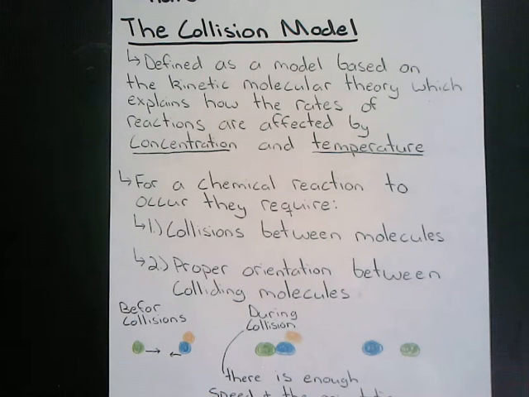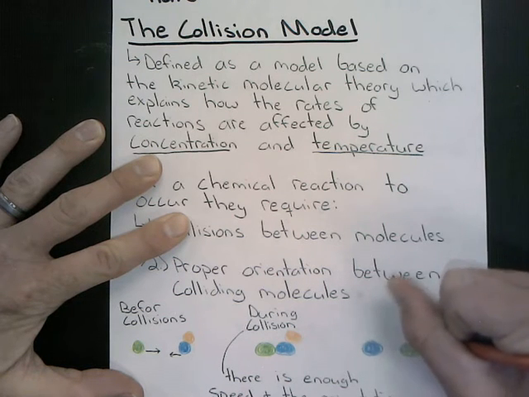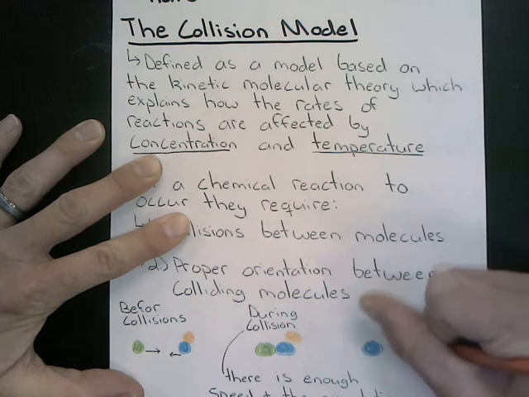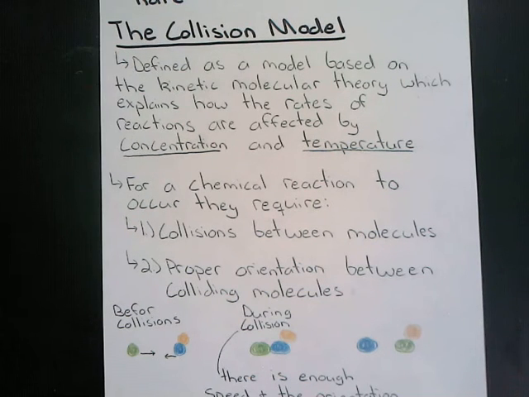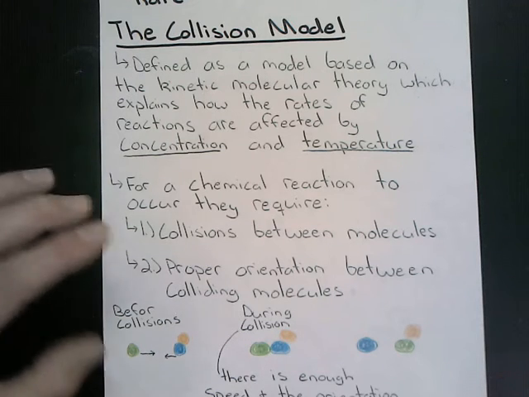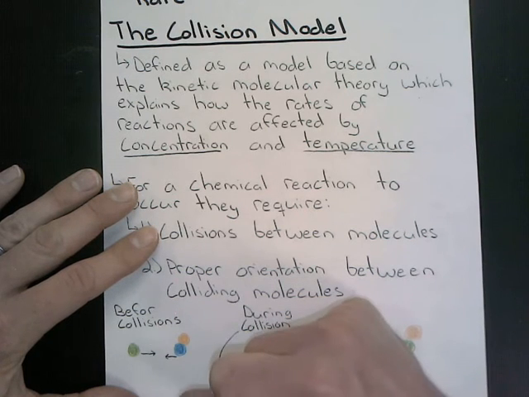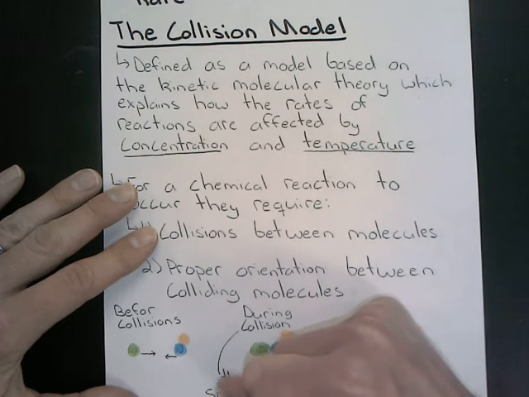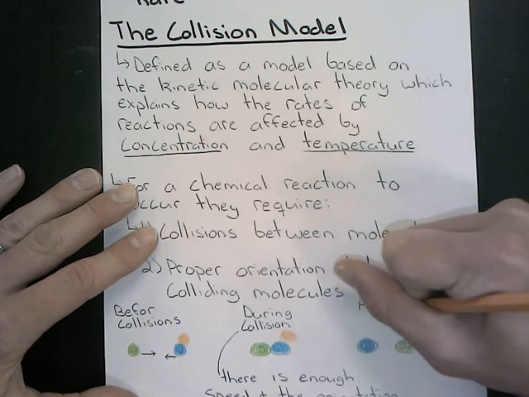So we now have our aftermath of our collision. So this collision resulted in enough speed and it was properly orientated, or I should have added the orientation is correct, we get a chemical reaction to occur after the collision of molecules.